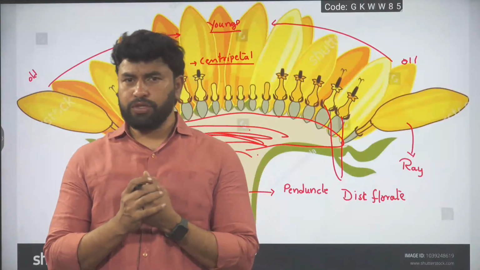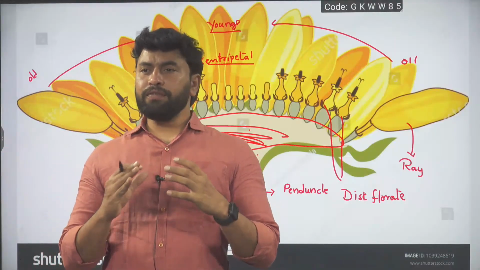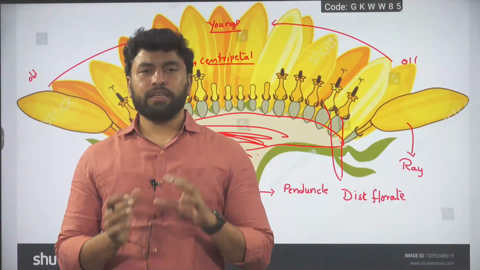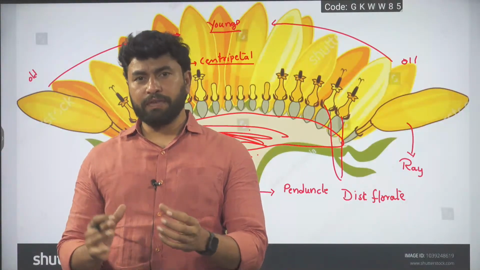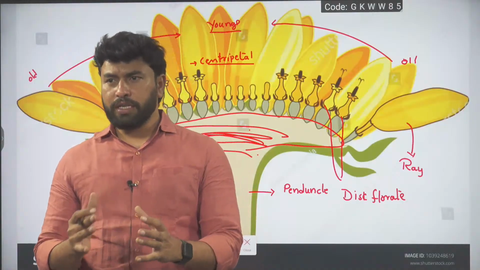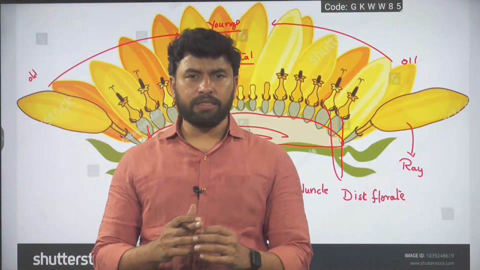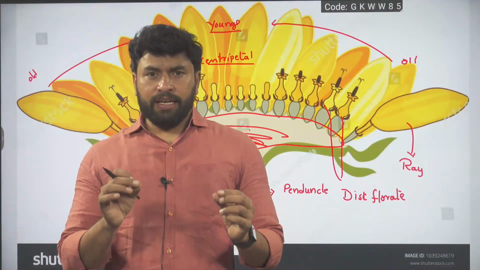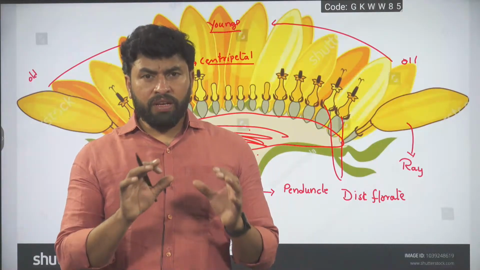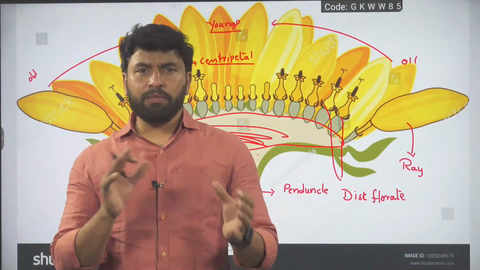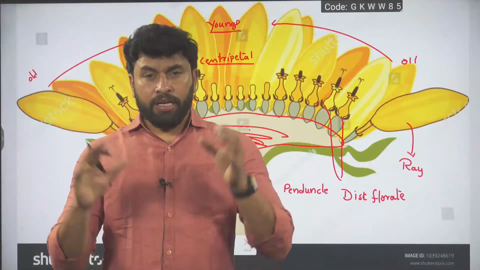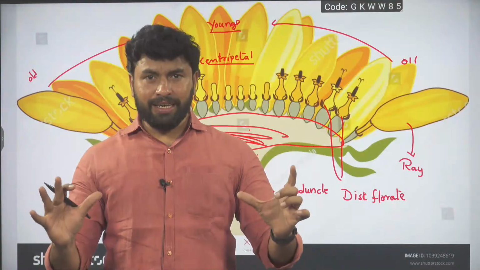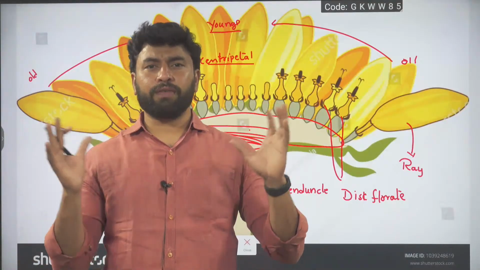When we discuss head inflorescence, one thing we should not forget, out of all inflorescence types, head inflorescence is considered the most advanced type of inflorescence. Why do you say the head inflorescence is the most advanced one? Reason: if a single insect has come, instead of moving here and there from one flower to another flower, within the same inflorescence, a single insect can pollinate many flowers.